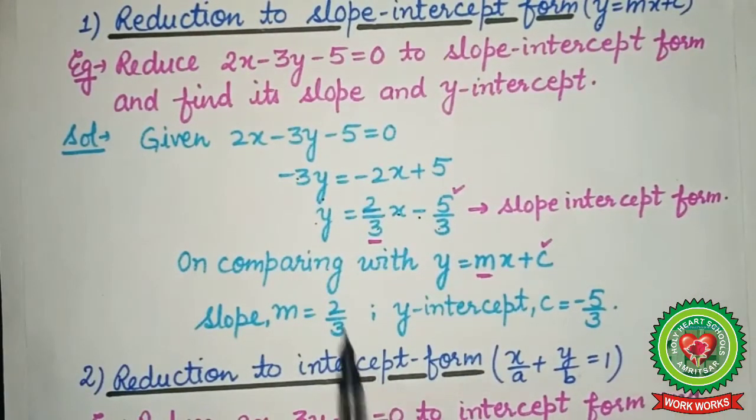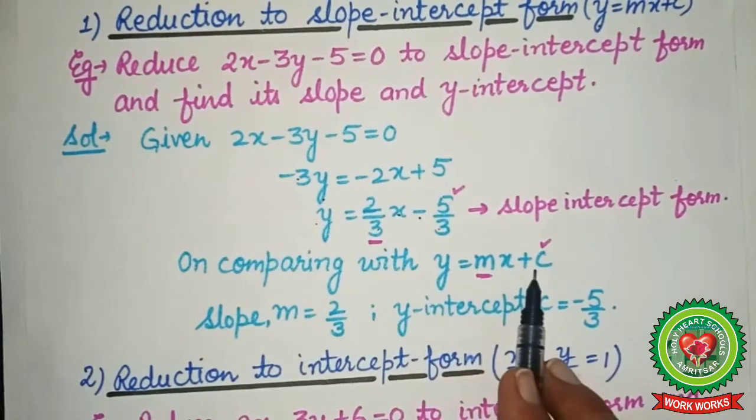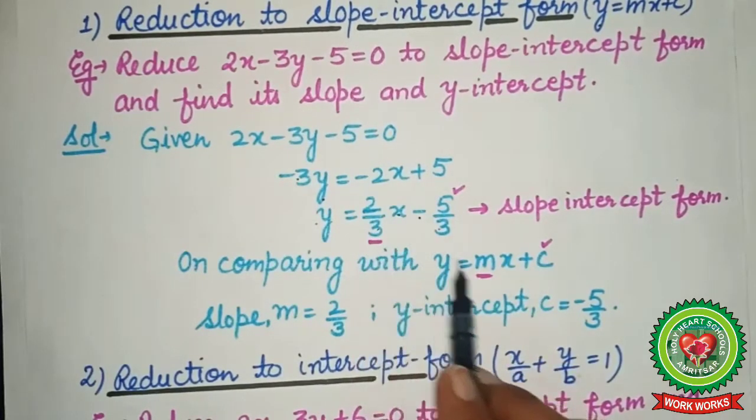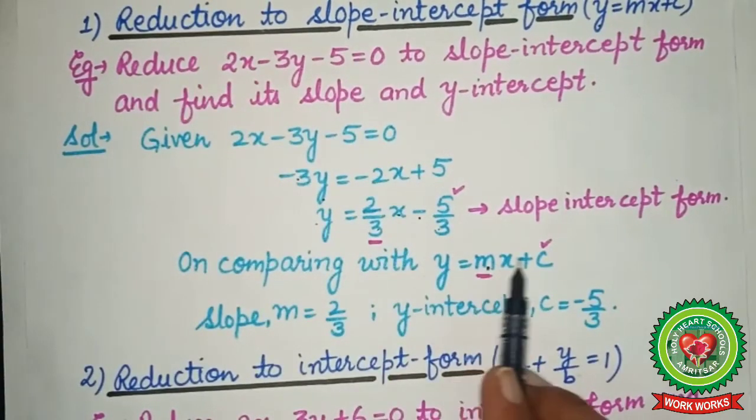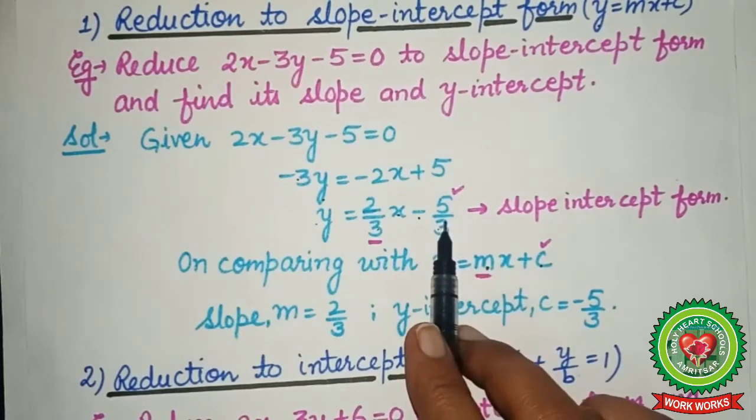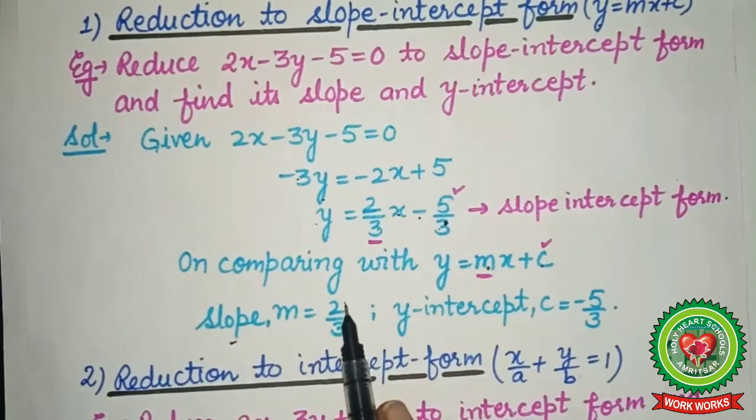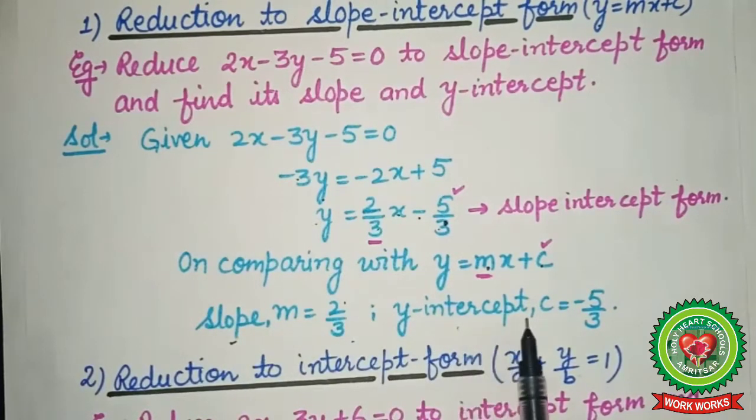Now on comparing with y is equal to mx plus c, we get m is equal to 2 by 3 and c is equal to minus 5 by 3. So slope is 2 by 3 and y-intercept, that is the value of c, is equal to minus 5 by 3.